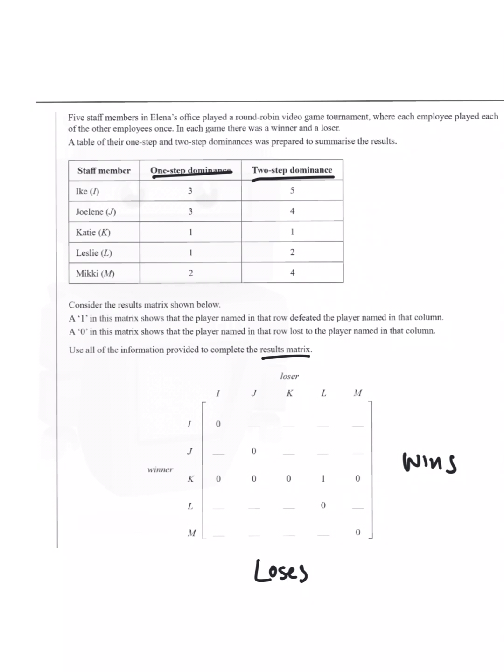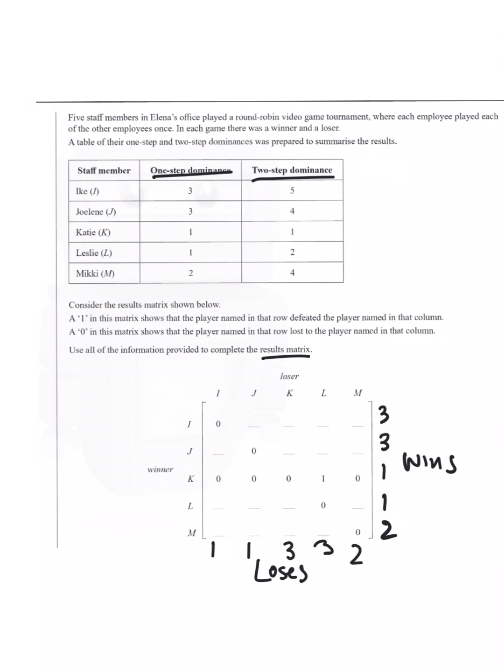Like I was saying before, the wins for Ike should be 3, for Jolene 3, Katie 1, Leslie 1, Mickey 2, which means that when we add their losses, Ike has 3 wins, can't beat themselves, so Ike should have 1 loss, Jolene should have 1 loss, Katie 3 losses, Leslie 3 losses, and Mickey 2 losses.